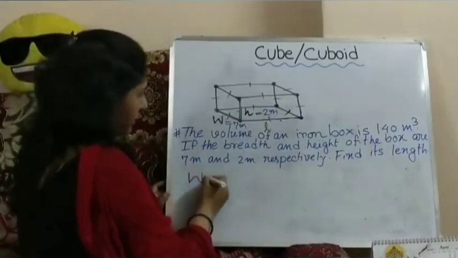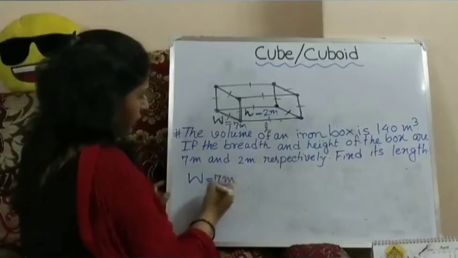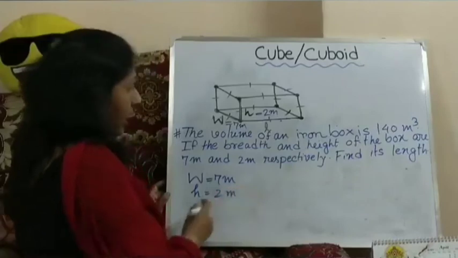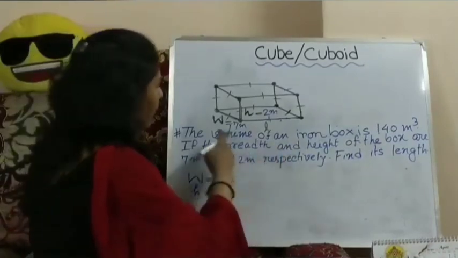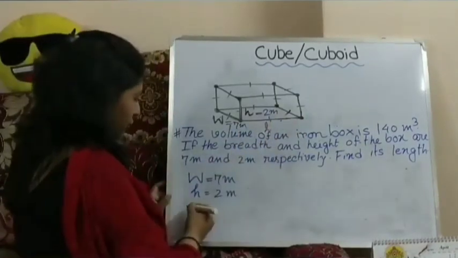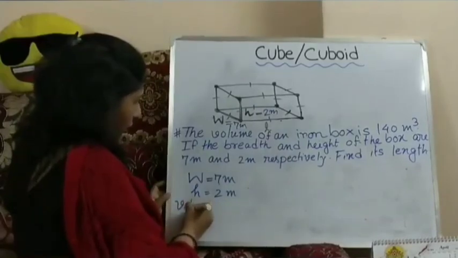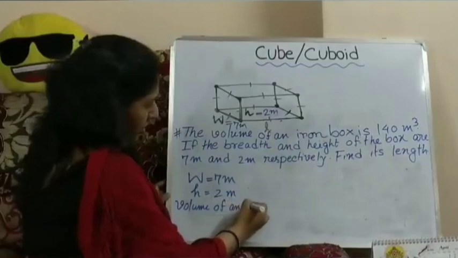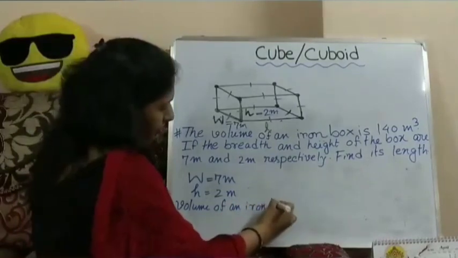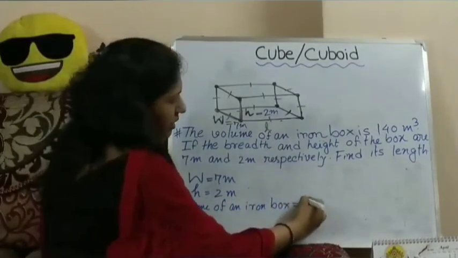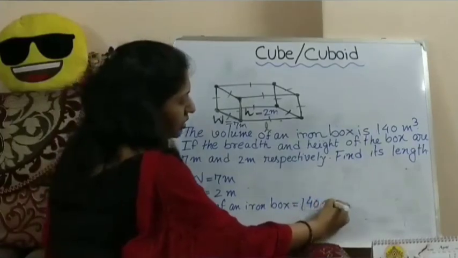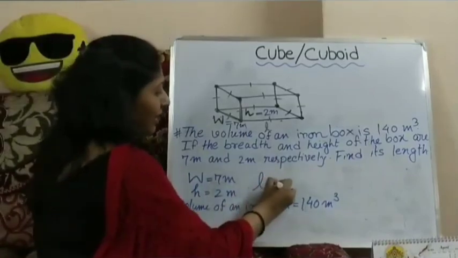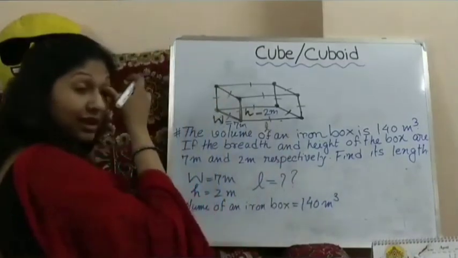So I will write it here, 7 meter and H, that is 2 meter. And they have mentioned the volume of an iron box. So we should write here volume of an iron box, that is 140 meter cube. So here we will find out the length.